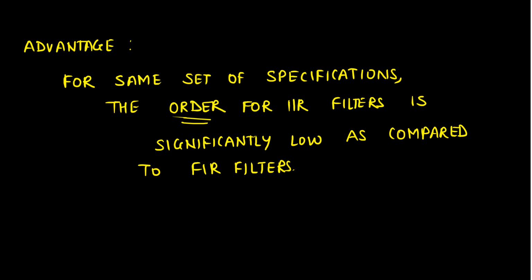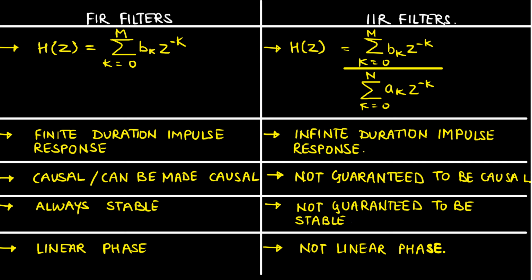So before ending this module, let us look at the comparative analysis of both the IIR and the FIR filters. The standard representation for the FIR filter is given as H(z) equal to summation k running from 0 to M of b_k z to the power minus k, whereas for IIR filters it is given as H(z) equal to summation k running from 0 to M of b_k z to the power minus k divided by summation k running from 0 to N of a_k z to the power minus k.